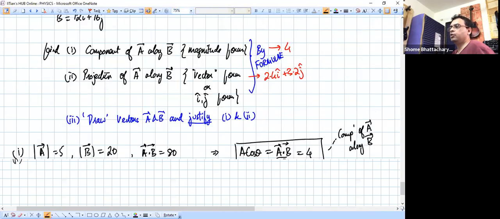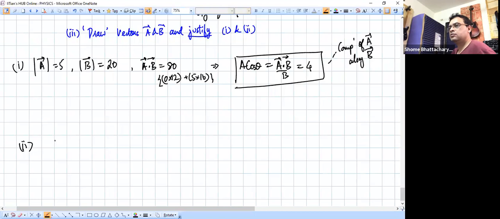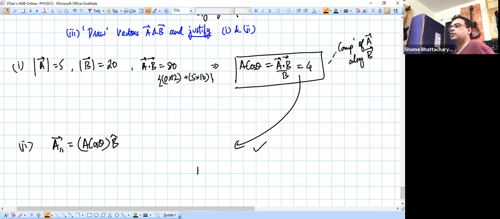So second part, we want to find that A parallel vector. So what is the formula for that? It is nothing but A cos theta into B cap. Now A cos theta we've already calculated. Now what about B cap? B cap will be vector B divided by its magnitude.